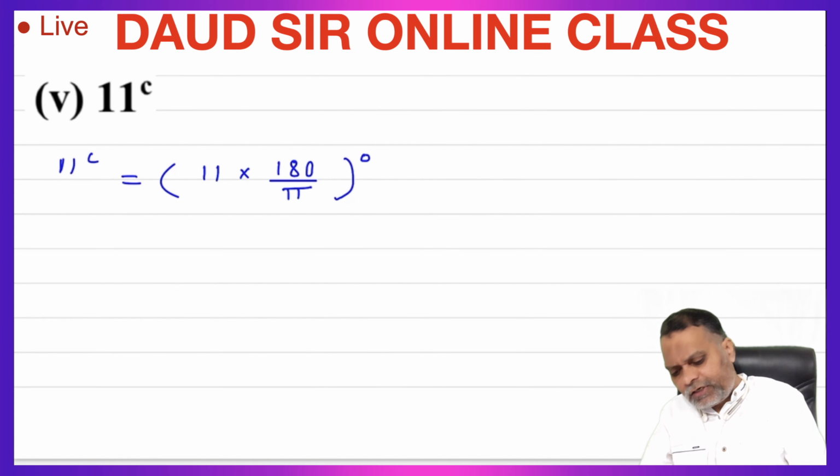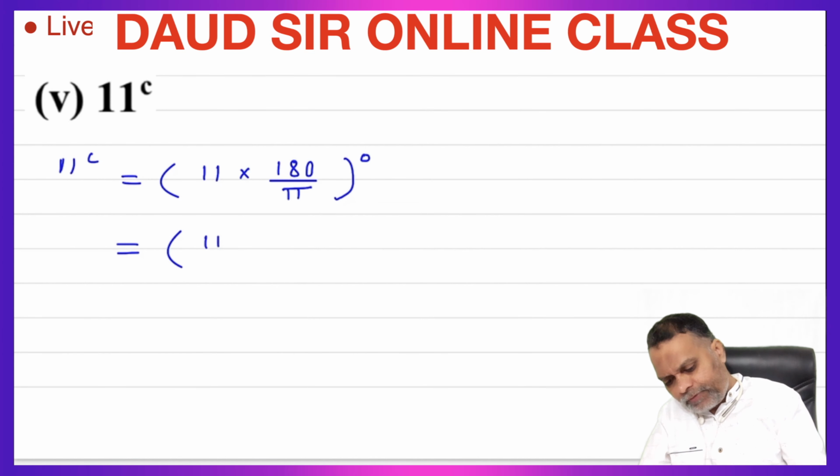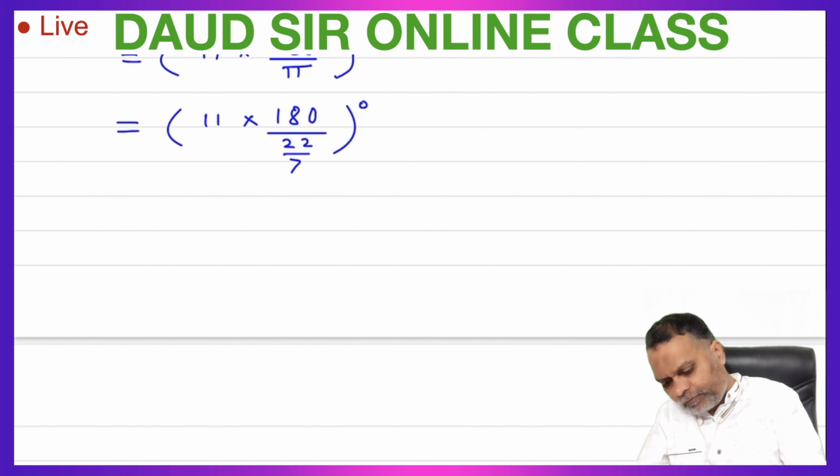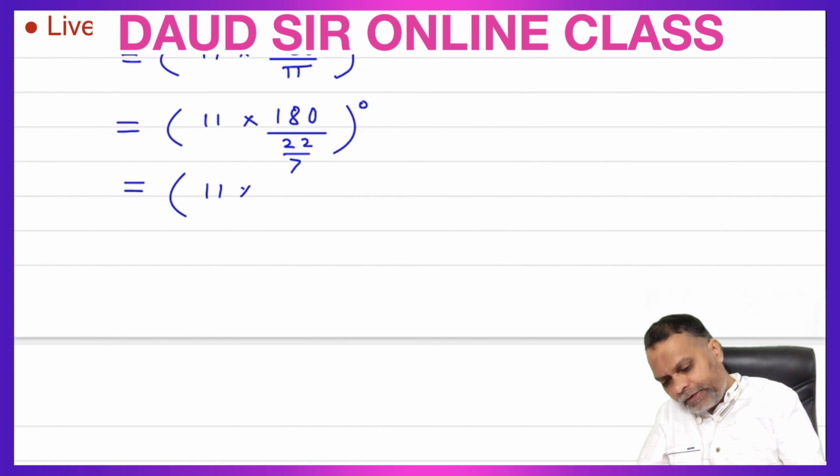Now put pi is equal to 22 upon 7. 11 into 180 upon 22 upon 7 degree, which is equal to 11 into 180 into 7 divided by 22 degree.